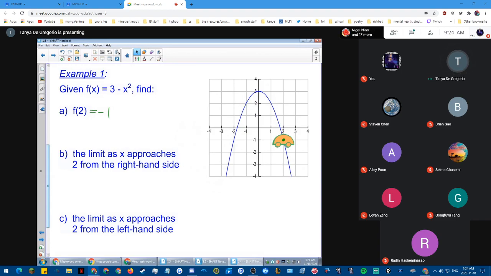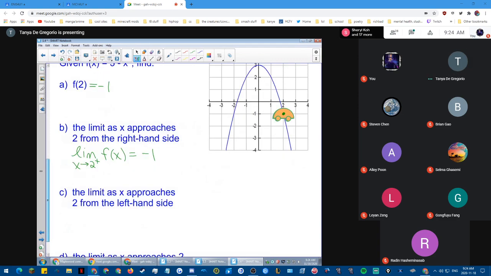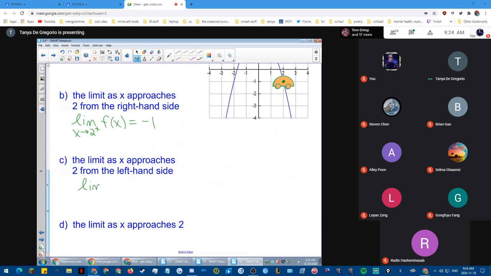So here, I can say the limit as x approaches 2 from the right of your function f of x equals -1. The limit as x approaches 2 from the left of f of x also equals -1.